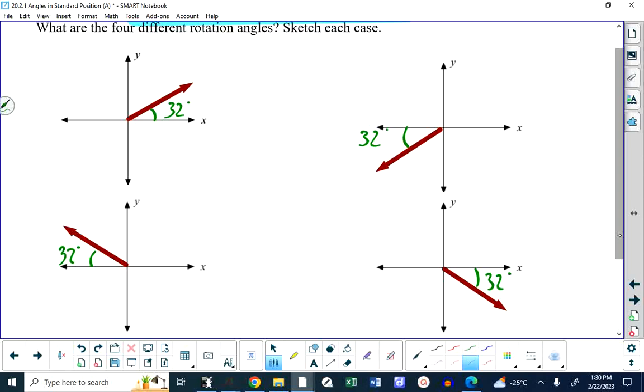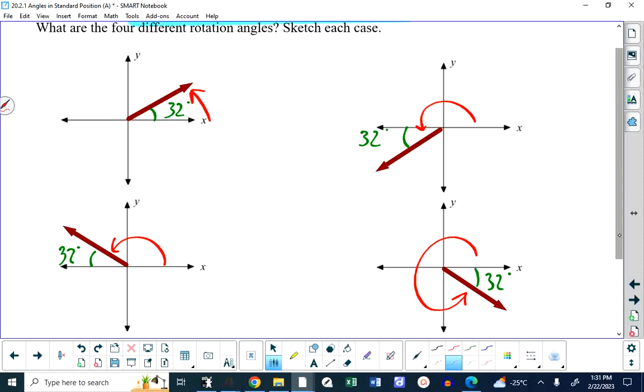So what is the rotation angle? Well, let's draw in the rotation angle in each case. And to make sure that you are talking about a rotation angle, you draw an arrowhead on the end of the arc.